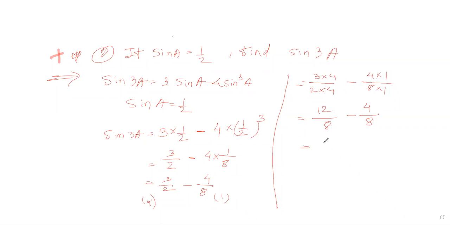Now the denominators are the same, so subtract the numerators: 12 minus 4 upon the denominator, taken only one time. 12 minus 4 is 8, so 8 upon 8, which is 1.